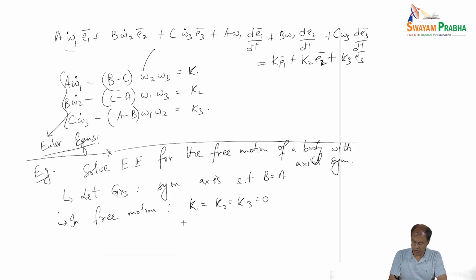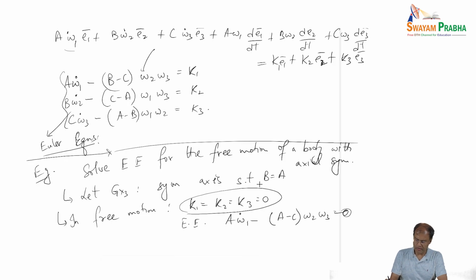My Euler's equation is a omega 1 dot minus (a minus c) omega 2 omega 3. So this is a free motion case, so the right hand side will be 0 in all the three equations, and this is where two of the principal moments of inertia are equal. So this is for the body with an axial symmetry.